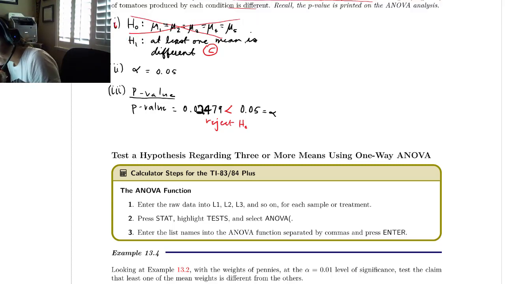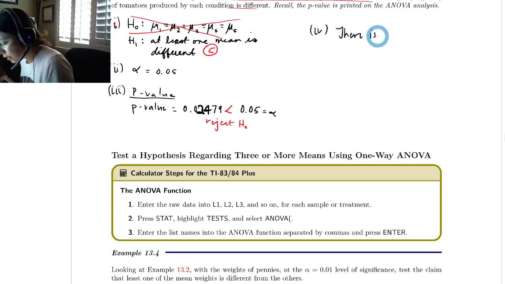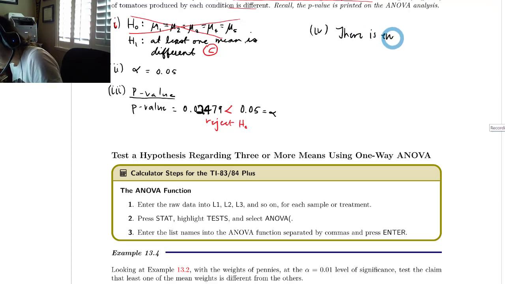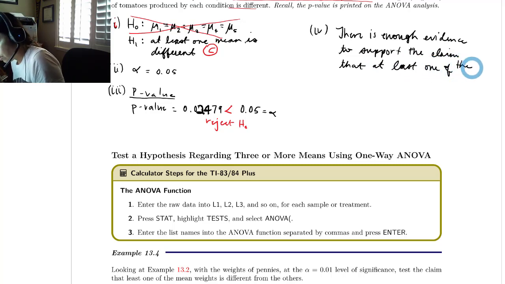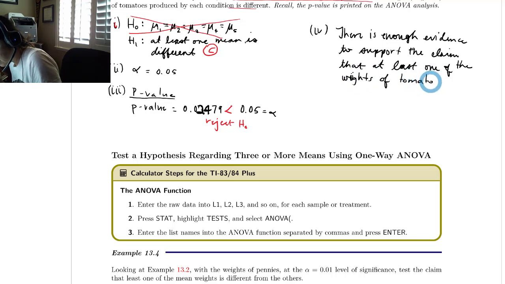So now, in the last step, we could say there is enough evidence to support the claim that at least one of the weights of tomato plants is different.